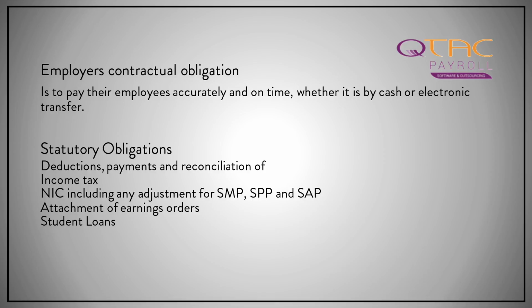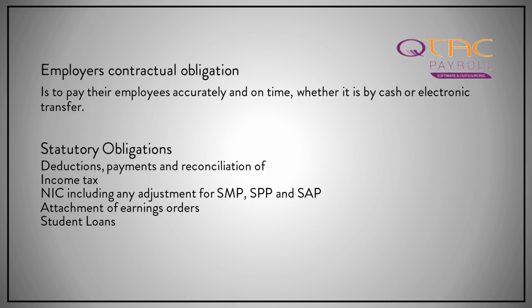The employer's contractual obligation is to pay their employees accurately and on time, whether it be by cash or electronic transfer. And also with the introduction of real-time information now from HMRC, that is really important.